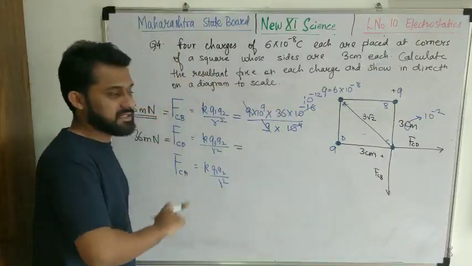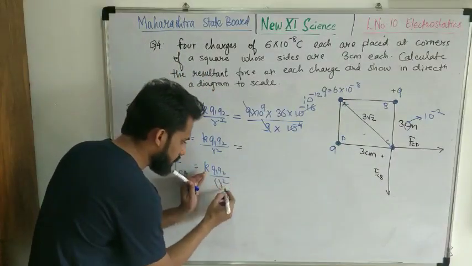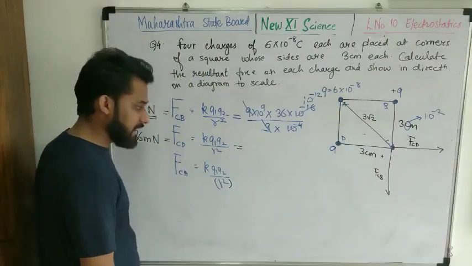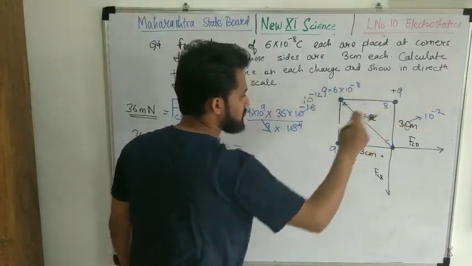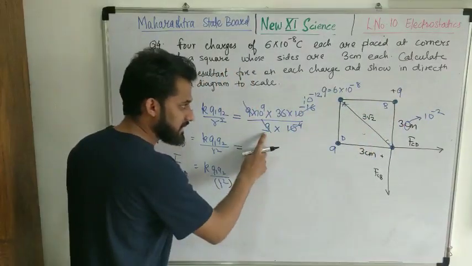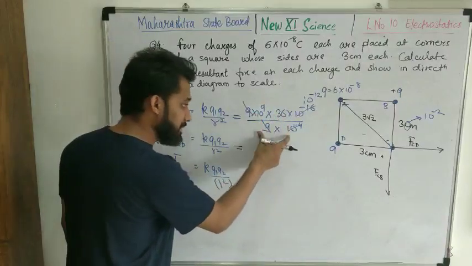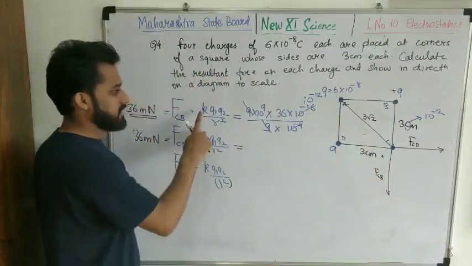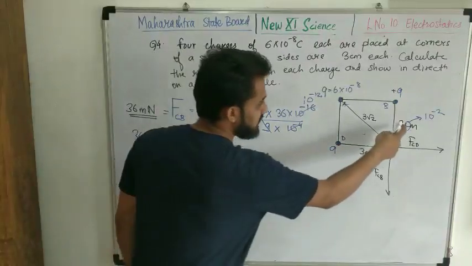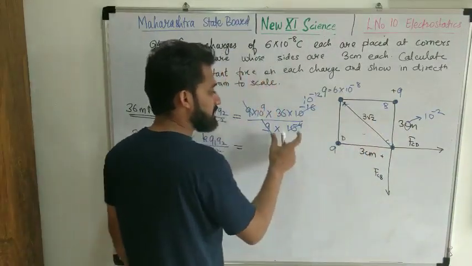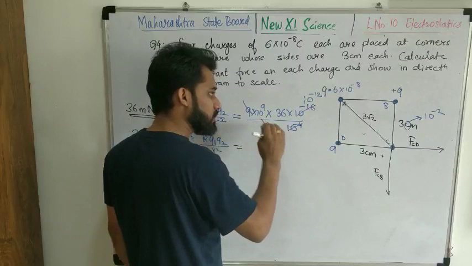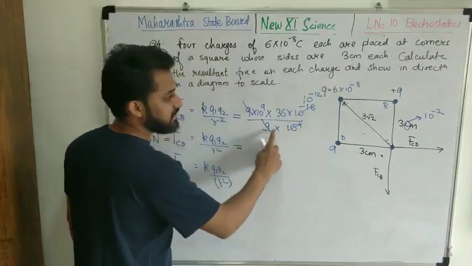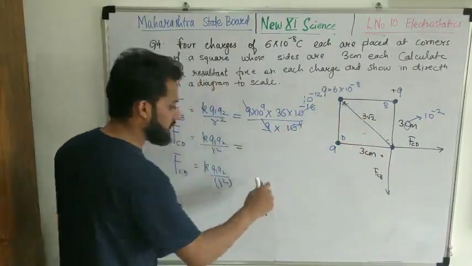And as the distance is 3 root 2, the denominator square will contain 3 root 2 the whole square, that is not 9, that is 18. So only the denominator will become twice because the charges will remain the same. K is the same. The only difference is that instead of 3 in the denominator, there will be 3 root 2 the whole square, that is 9 into 2, 18. So the denominator will become twice.